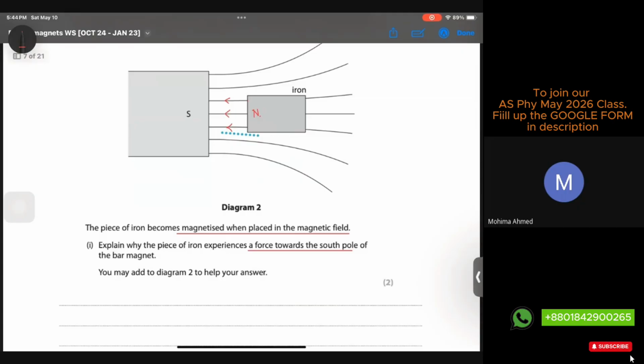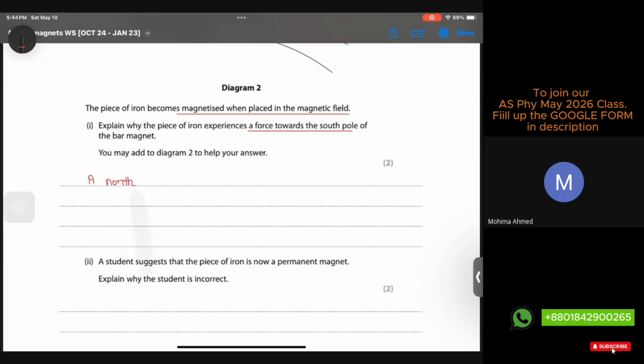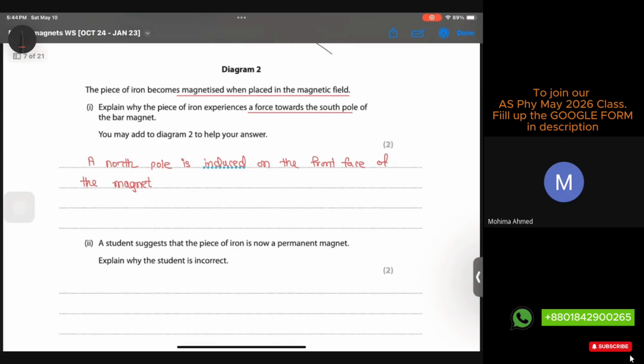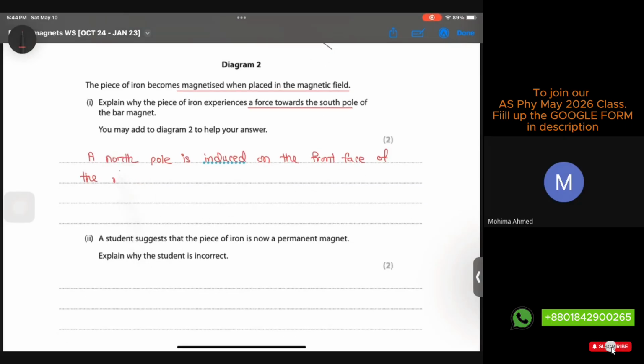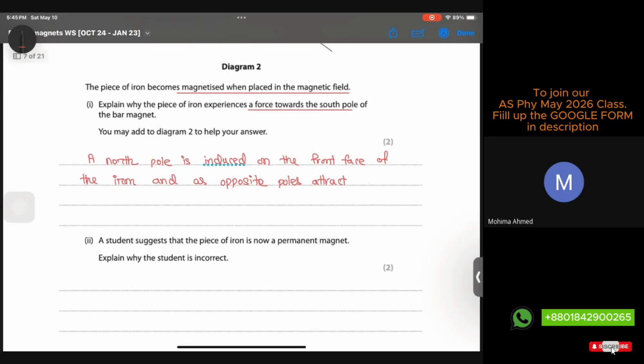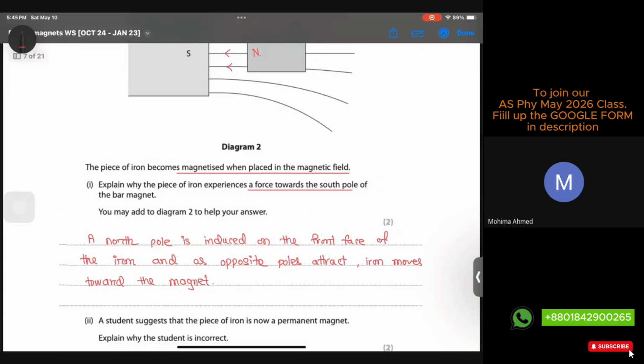So a north pole is induced on the front face of the iron, and as opposite poles attract, the iron moves towards the magnet, right? That's your final answer.